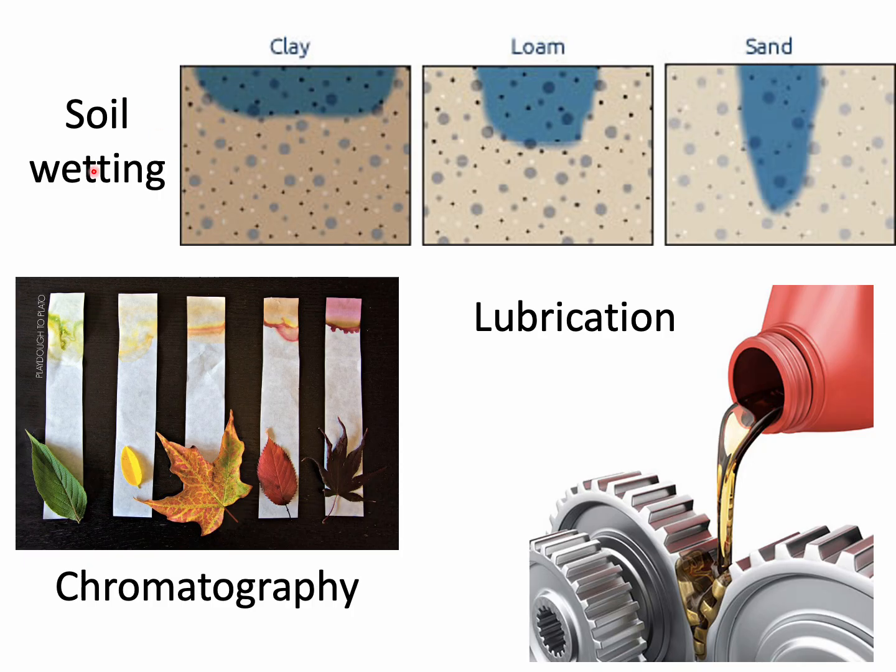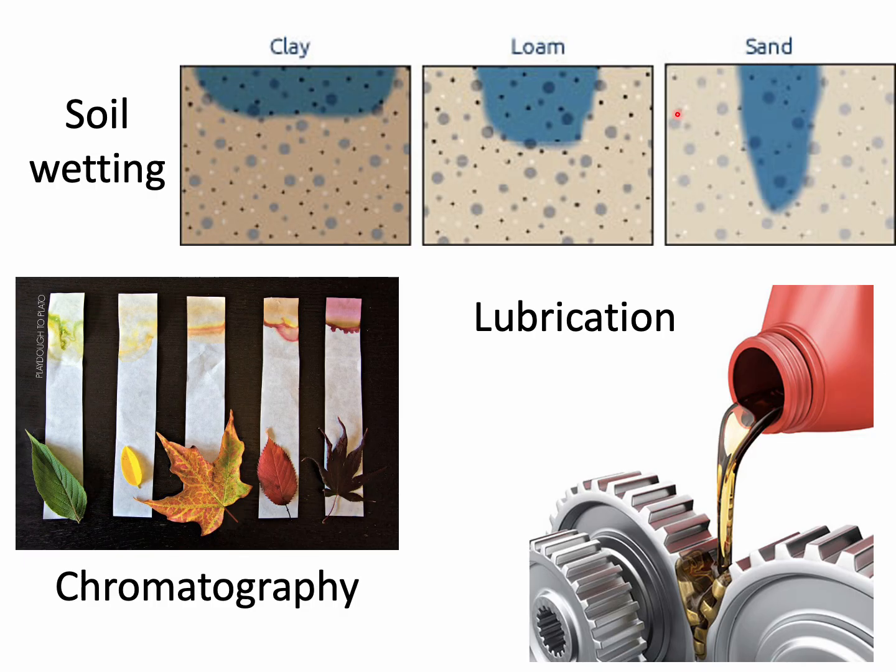First, consider soil wetting. When water enters the soil, how it spreads depends on the interaction between the water and the soil surface. As shown here, water behaves differently in different types of soil. In clay, water spreads slowly. In loam, it shows moderate penetration, and in sand, it penetrates quickly.